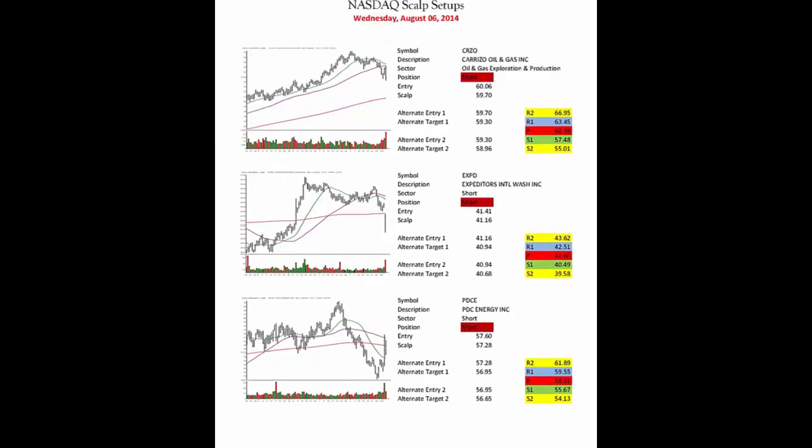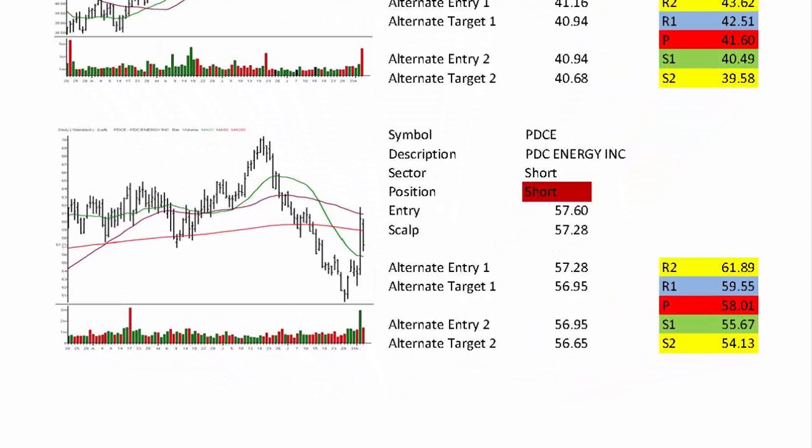But in the case of PDCE, if you take a look over on the right side of the trading plan, you'll see this R2, R1, P, S1, and S2. What these are, starting with P, are the central pivot, which in this case is at $58.01, the first resistance line at $59.55, the first support line down below at $55.67, second resistance up at $61.89, and second support down at $54.13.